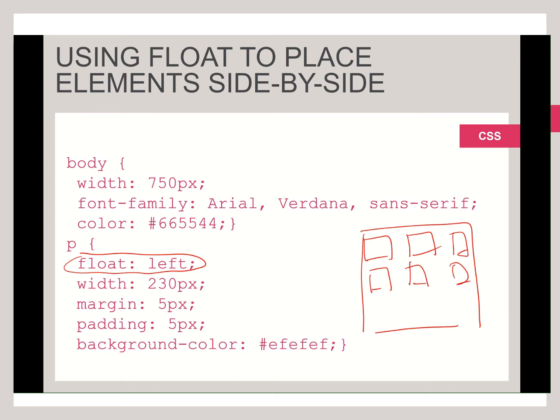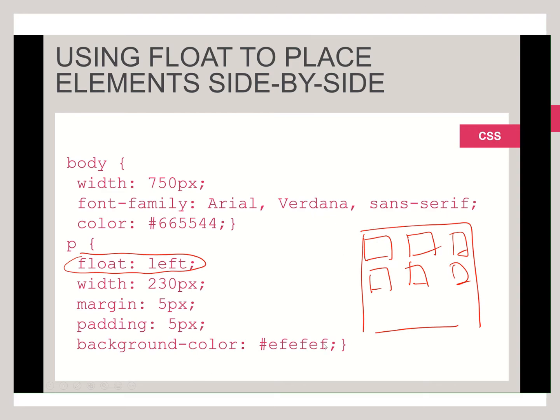So the first one we show as normal, and then we float to the left as much as possible. For each paragraph, we define its width as 230 pixels, and the margin in between the boxes is 5 pixels. The padding inside the box, and the border of the box, is 5 pixels in all 4 directions.